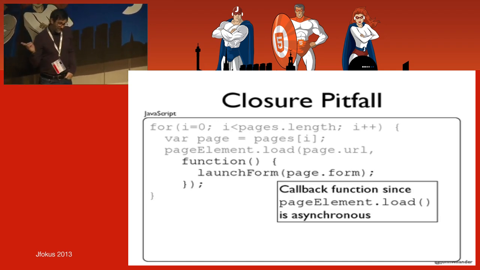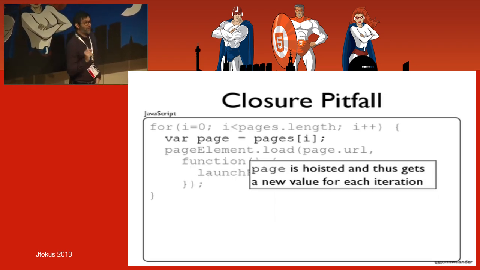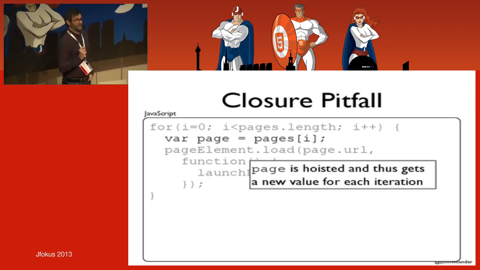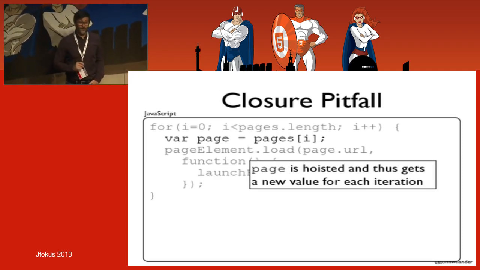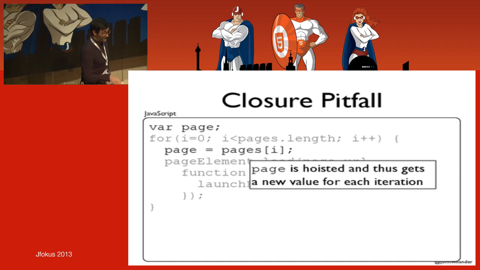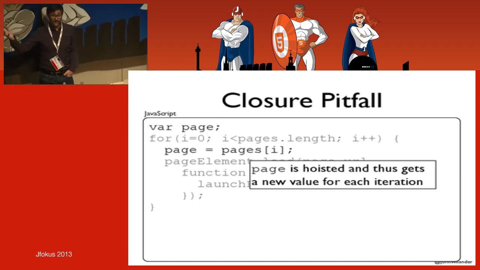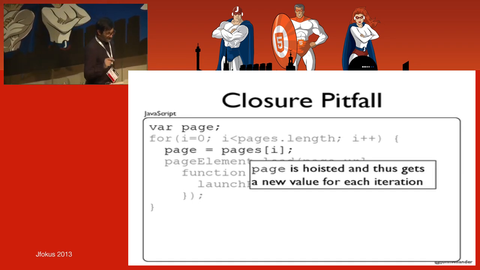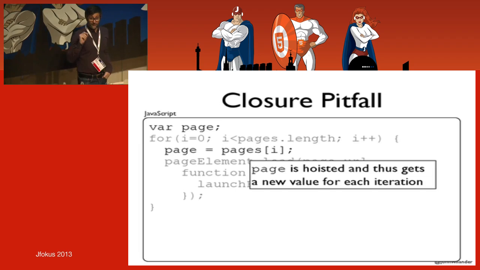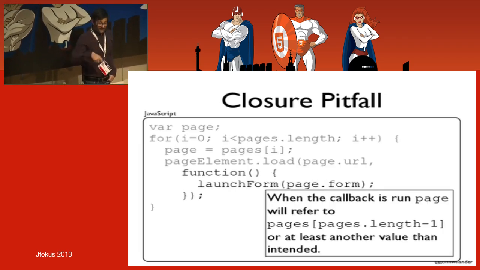But going back to this page variable, you heard me mention that all variables are hoisted. So even though we declared it inside the for loop, for JavaScript it will actually be as if it was declared outside the for loop. Which means it gets a new value for each iteration. The loop keeps updating to the next page to load.